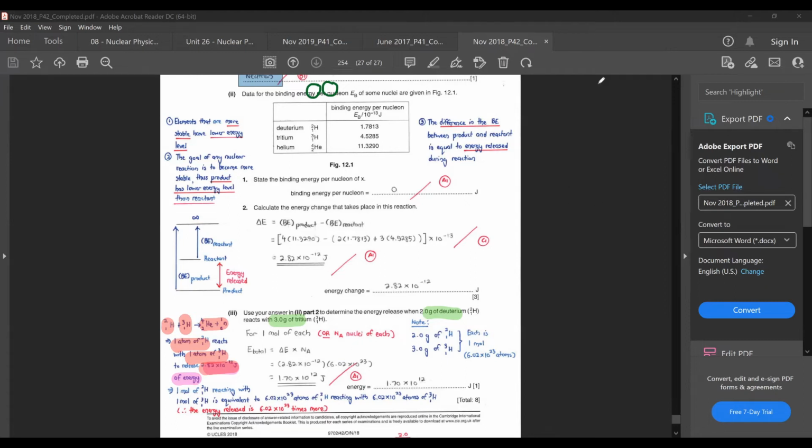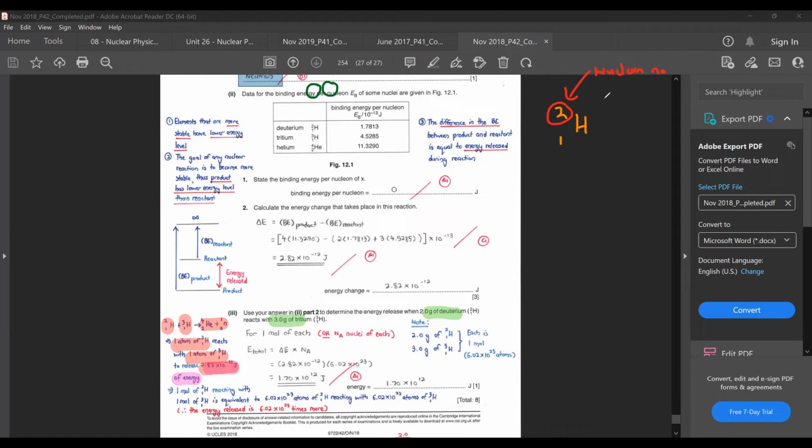This one will probably relate to what you learned in chemistry. If I give you deuterium 2,1, this one I know is the nucleon number, as we've always said.